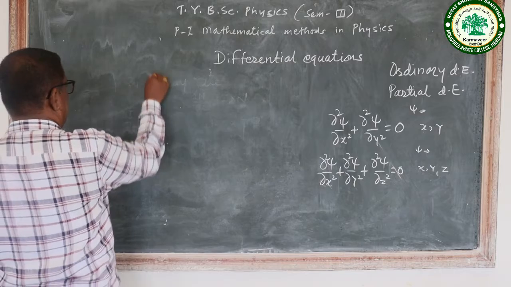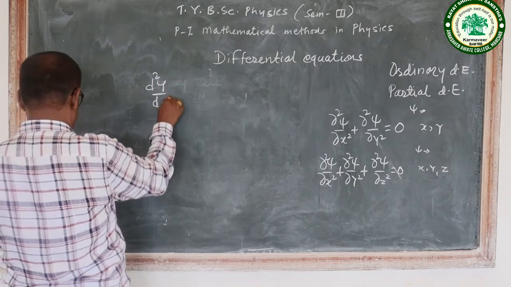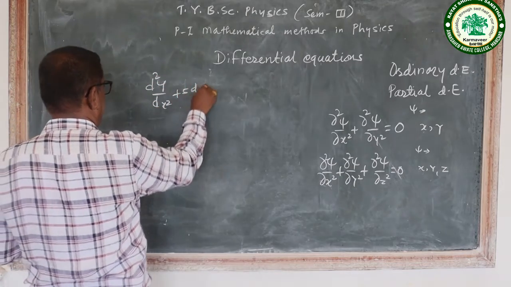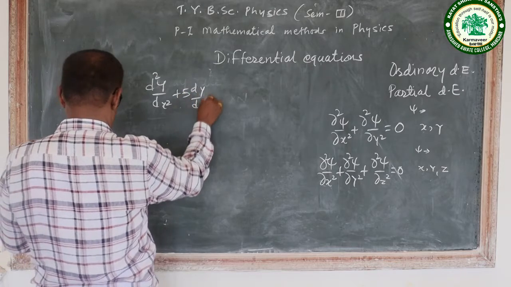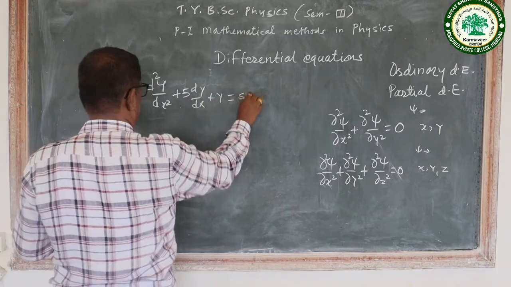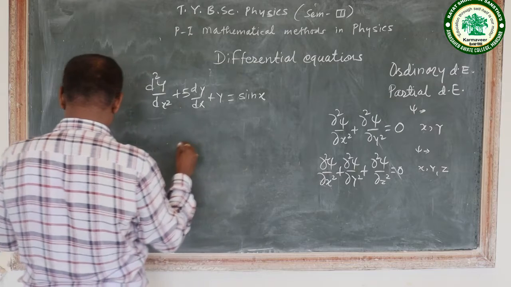See the equation d2y by dx square plus 5 dy by dx plus y equal to sin x.